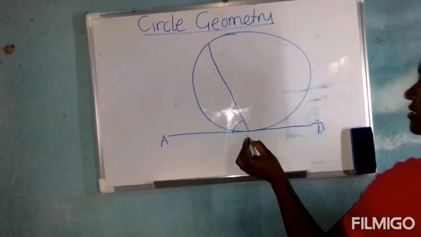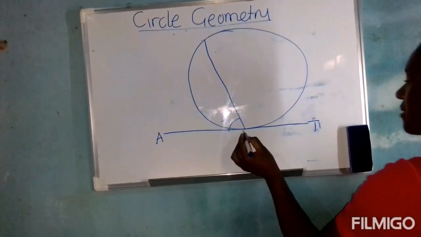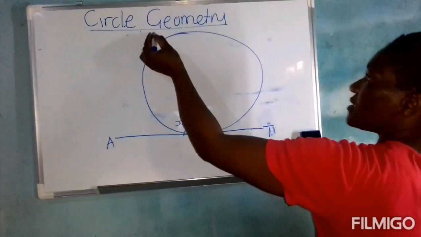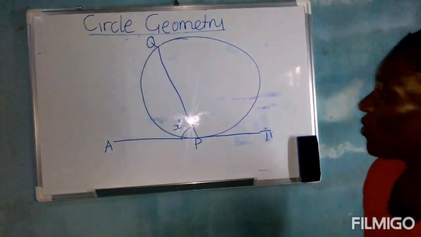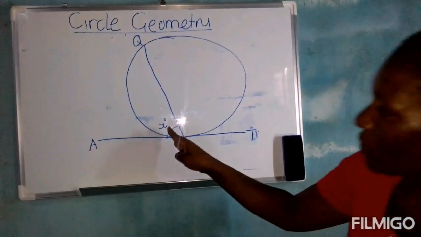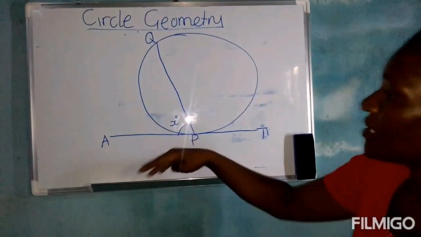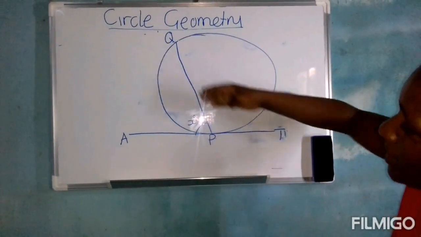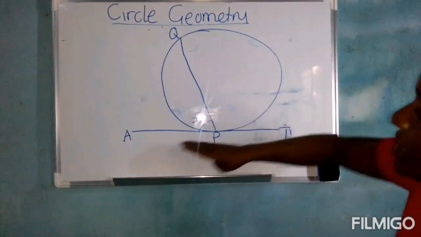Let's say this is P, this is Q. Let's say we have our angle x degrees, angle APQ is equal to x degrees. Remember, this is the chord and this is the tangent.